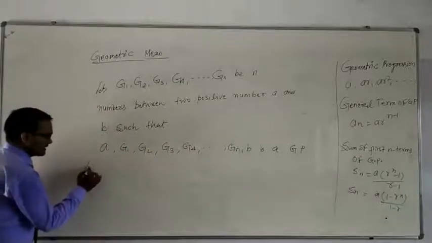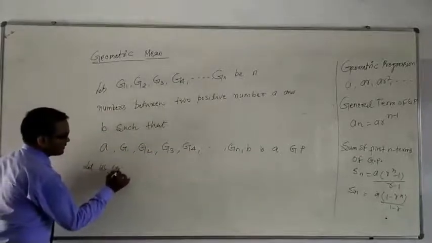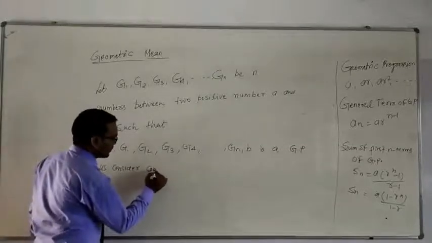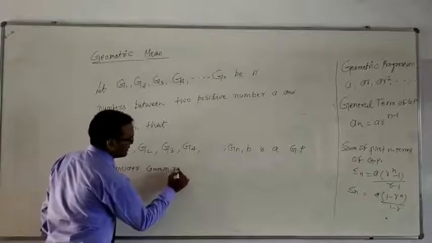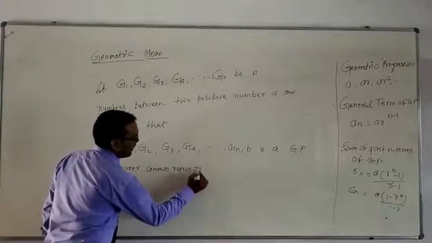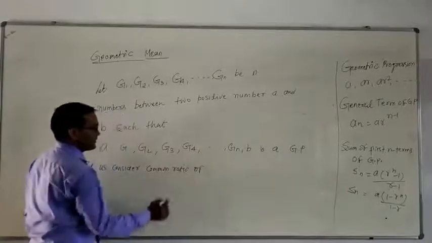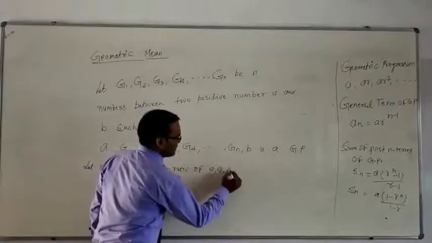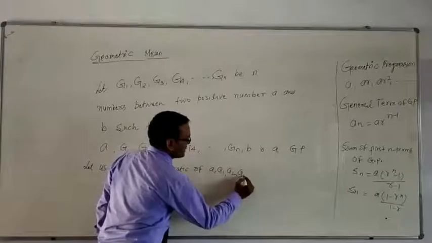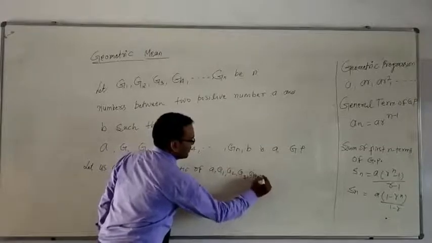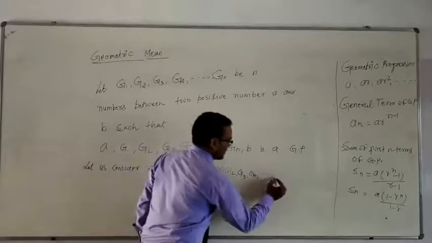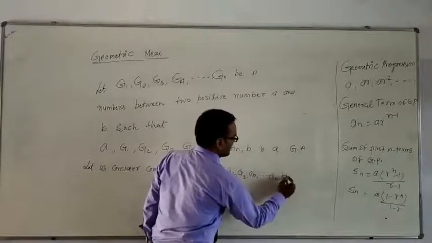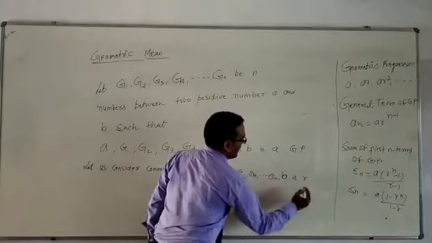Now let us consider the common ratio of A, G1, G2, G3, G4, and so on, Gn, B is r.